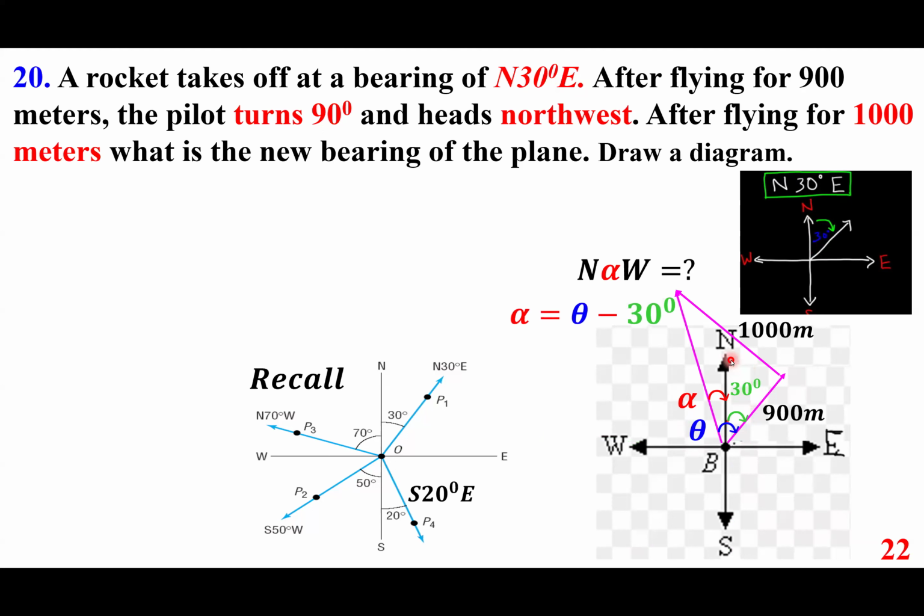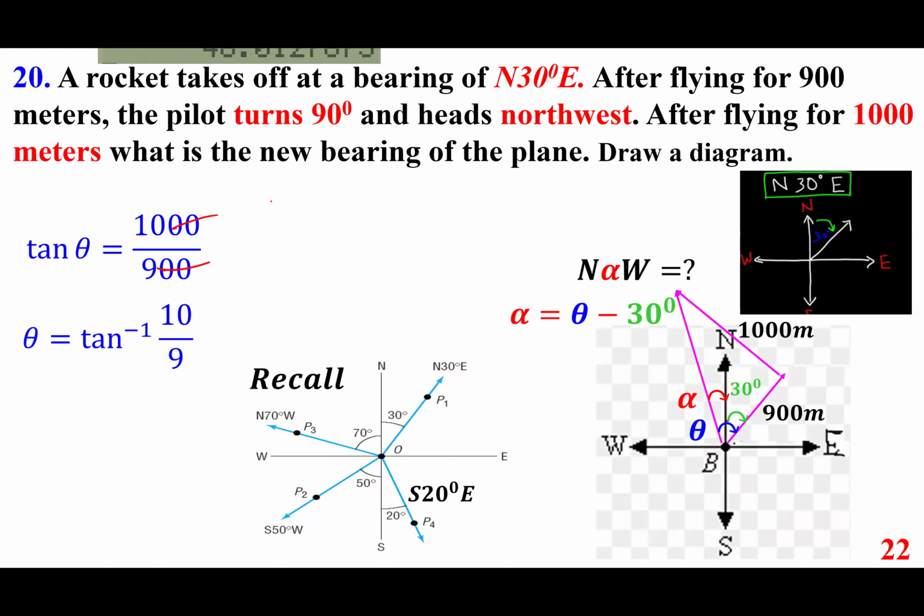That's the bottom line. If you look at this triangle, this angle theta, tan of theta is the opposite 1,000 over the adjacent 900. You drop 2 zeros, 10 over 9, which makes theta tan inverse of 10 over 9.